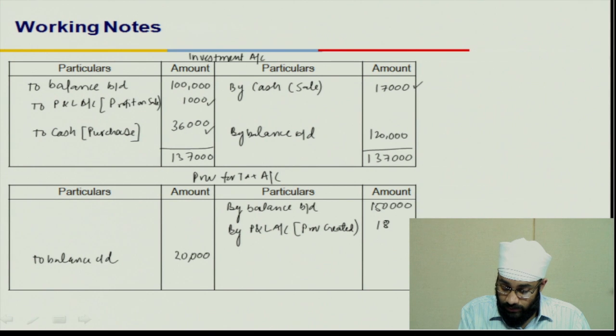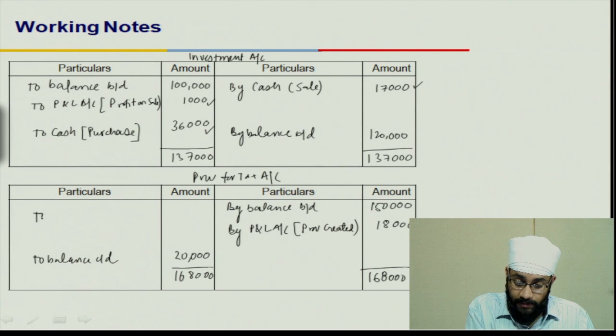This is 18,000. So the total is 168,000, which means there is a balancing figure on the debit side, and this is going to be the tax actually paid. So this is equal to 148,000.